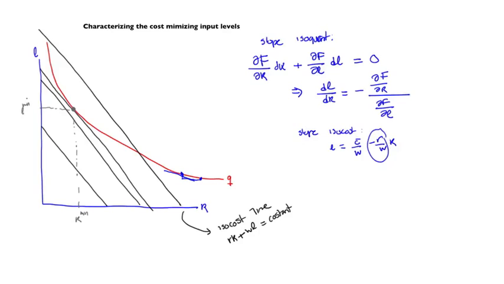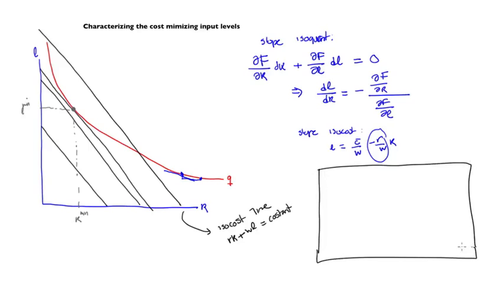Now, given that, what is the solution to the problem going to be? L min and K min satisfy two equations. First, it has to be a feasible level of production, so Q has to equal F of L min, K min.